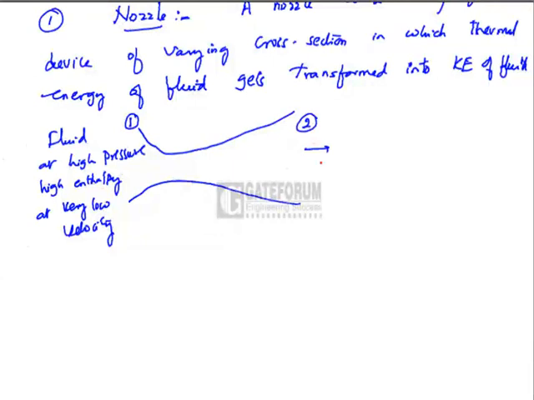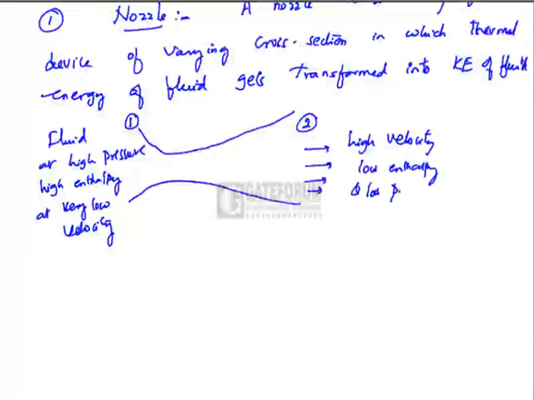The fluid leaves at section 2 with a high velocity but low enthalpy and low pressure.